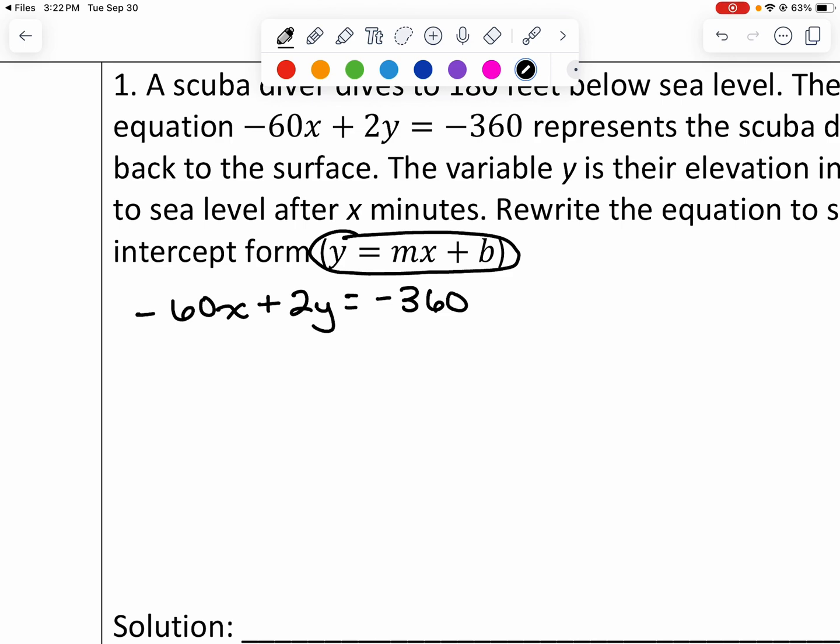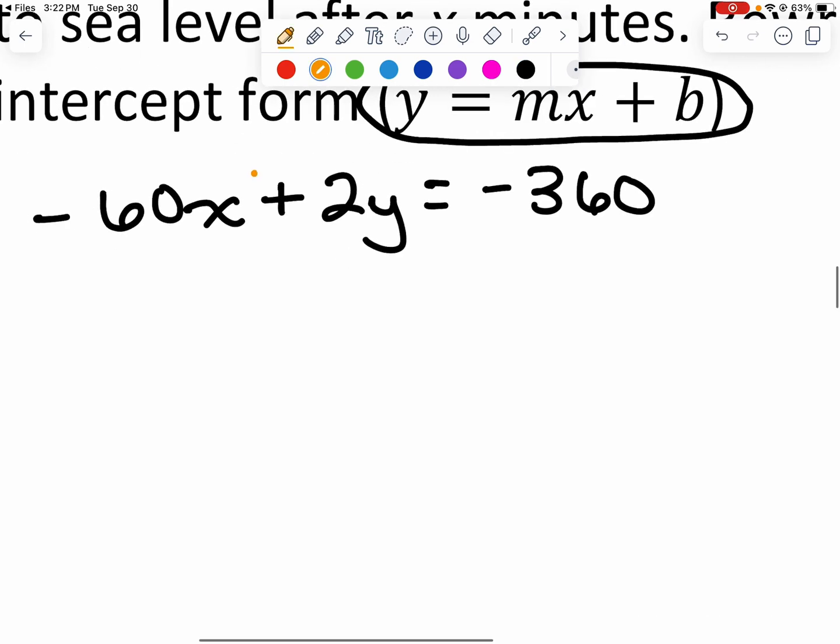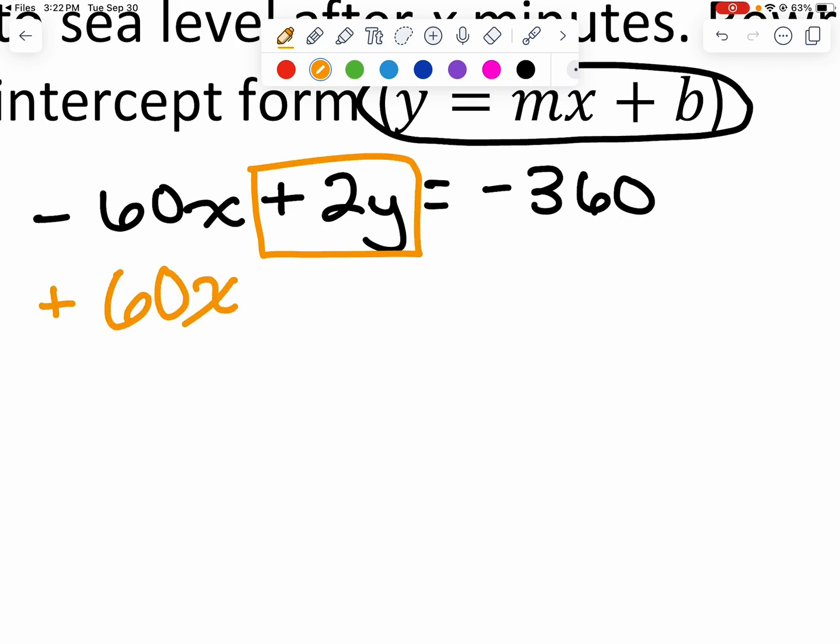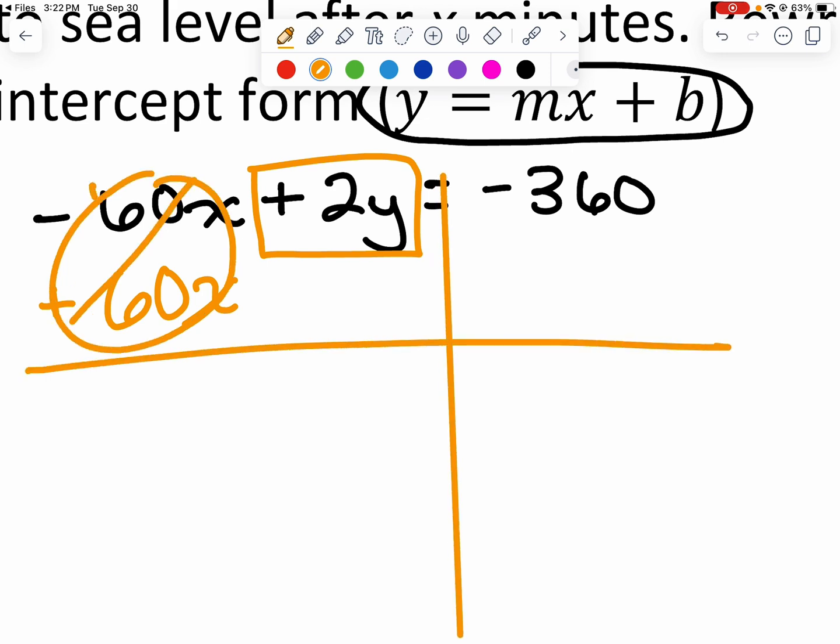So I need to do everything around y to get it isolated. And we can start by isolating this 2y and add 60x to both sides. But I can't combine that with negative 360 because they aren't like terms.